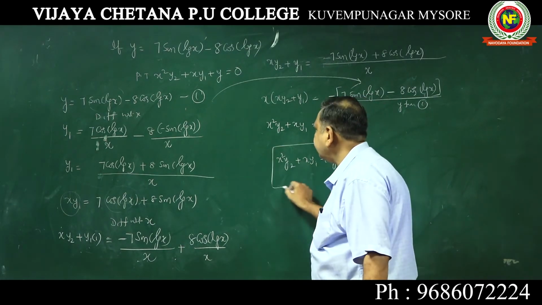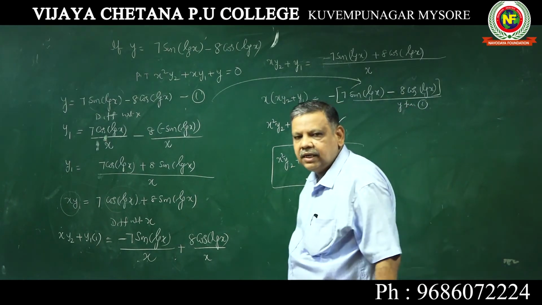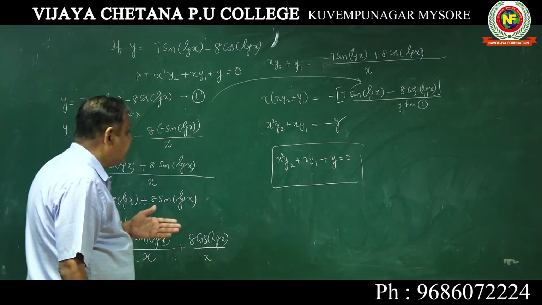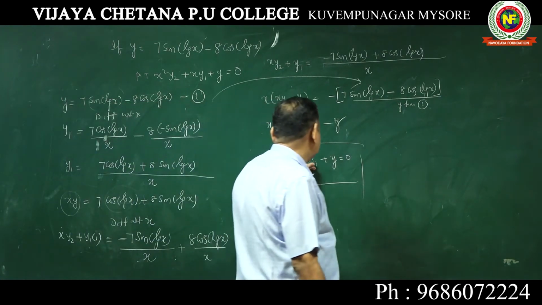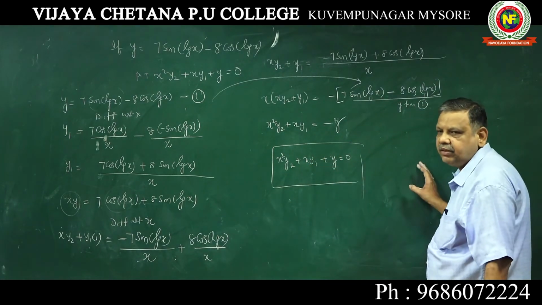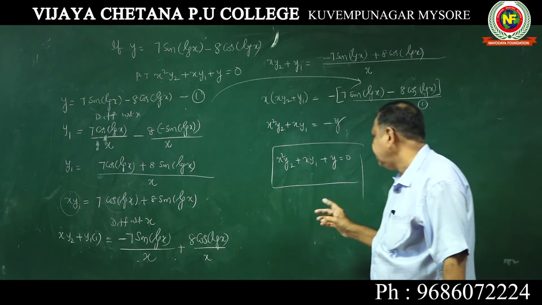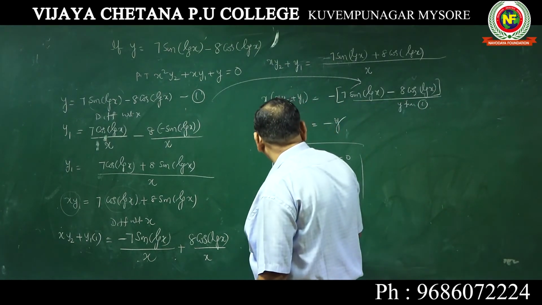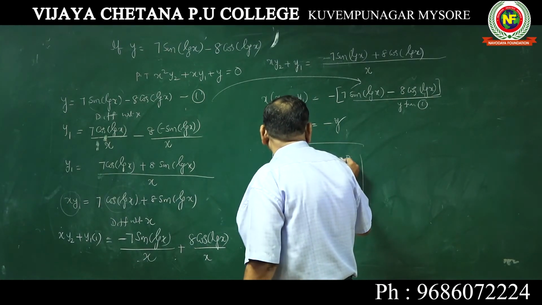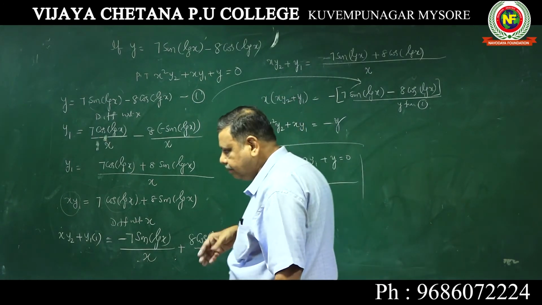In CET, what they do is give the question as the value of x square y2 plus x y1 plus y is, and you have to write 0. They may ask like this also, x square y2 plus x y1 is equal to, and you will be given 4 options. If plus y is taken to the other side, then you should write minus y. Suppose they ask with this one this side and that one that side, then you should write minus x y1.